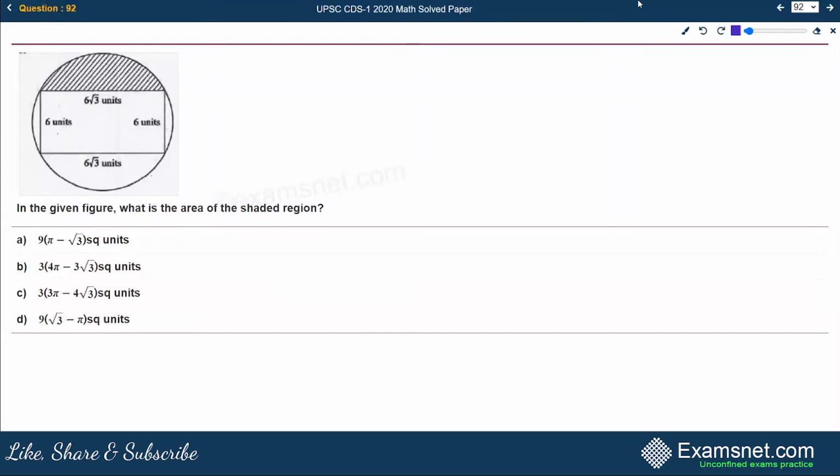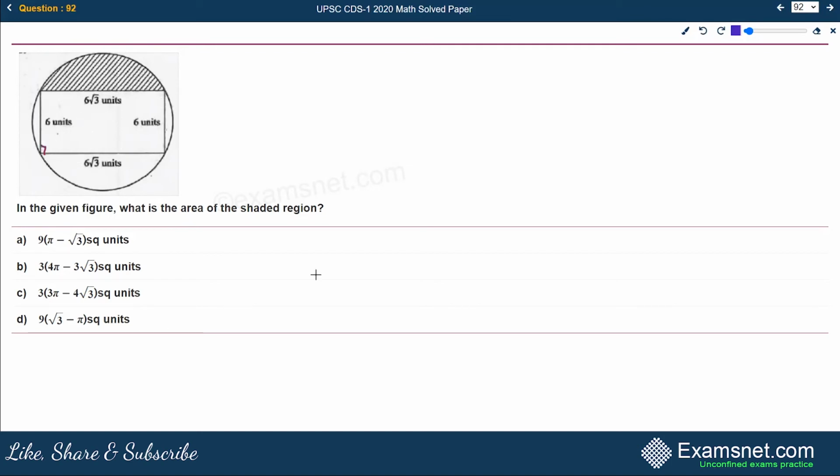In question number 92, we are given a figure. In this figure, what is the area of the shaded region? So there is a circle. Inside of the circle, there is a rectangle, because we can see opposite sides are equal. So this is a rectangle. Also, this is 90 degree.